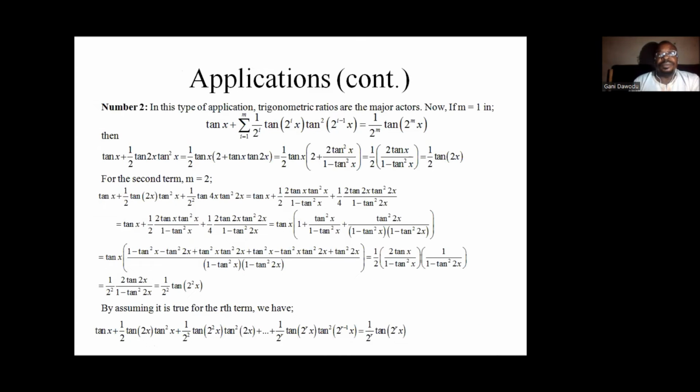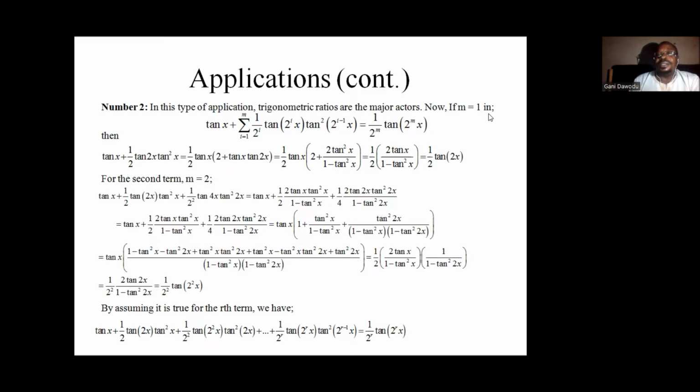Second question. That has to do with the trigonometric ratio. Now, this type of series is also the irregular type. The first expression that is not under summation is ever present.